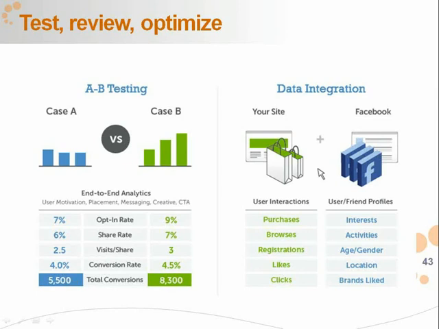So all those decisions and all those learnings can be taken once you start doing some A/B testing, looking at integrating your data, your website's data, your social data, any other data that you have, and then looking at trying to use that data better to further your messages from a marketing or sales perspective.